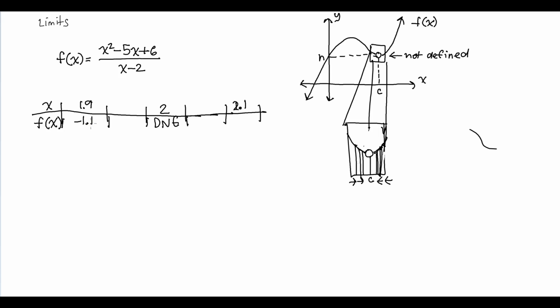Now let's see what we would get if we put 2.1 in instead: 2.1 squared minus 5 times 2.1 plus 6, divided by 2.1 minus 2, which is 0.1. We would get negative 0.9.